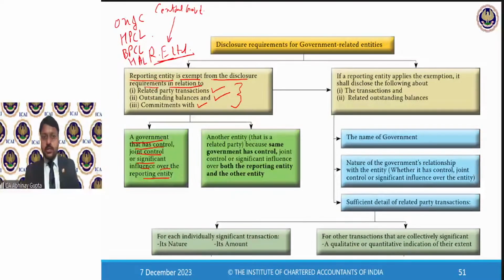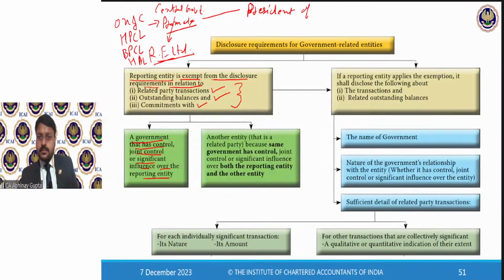So whenever you see the shareholder, under the promoter category, you will find shareholding as President of India. President of India, right? And through President of India, under the promoter category, you will see how much holding they have.